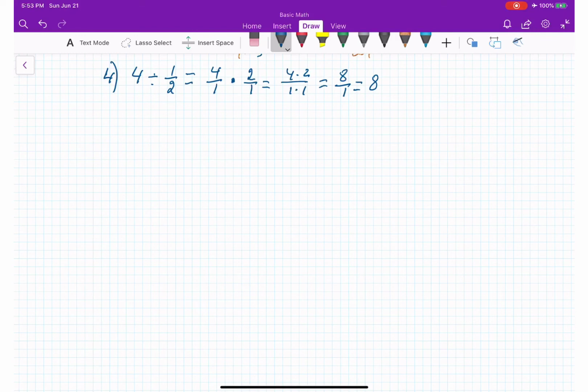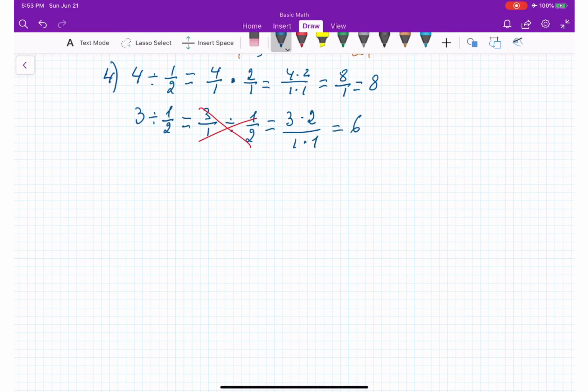Another example, 3 divided by 1 over 2. Okay, I'm solving that using the other method here. So 3 over 1 dividing by 1 over 2. So I can do cross multiplication, and that is going to equal 3 times 2 and 1 times 1, and the answer is going to be 6.